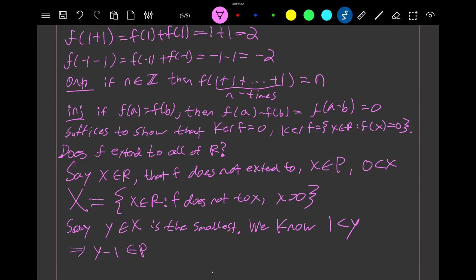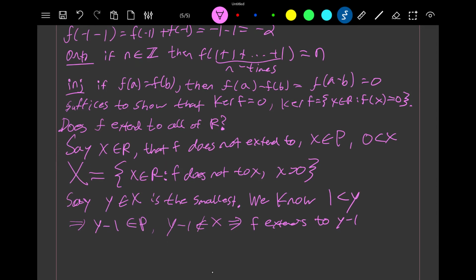But it's also that y minus 1 is not in x, because y minus 1 is less than y. So this implies that f extends to y minus 1.